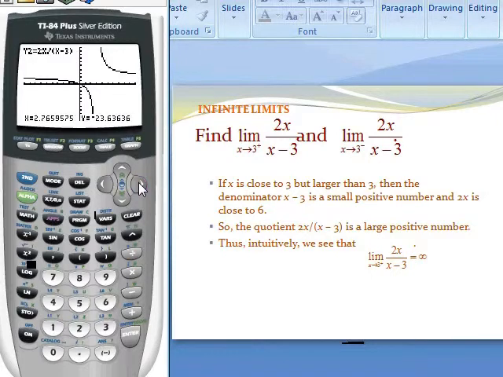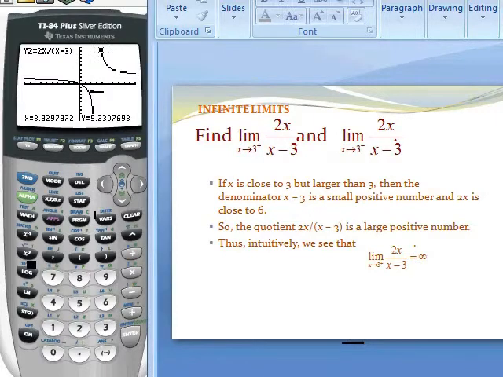You see that value? It goes smaller and smaller and smaller. Now you do the same thing on the right. It gets larger and larger and larger. On the right, it's going to be positive infinity. On the left, it's going to be negative infinity.